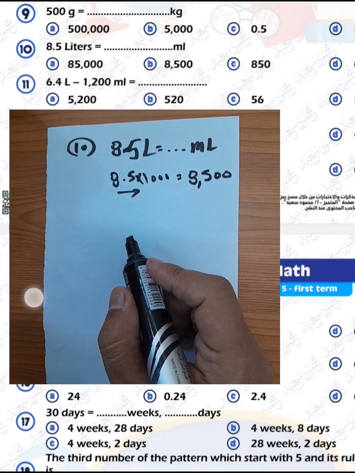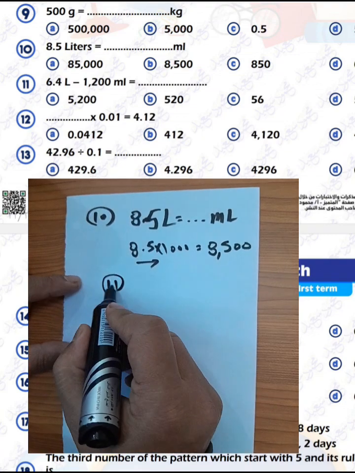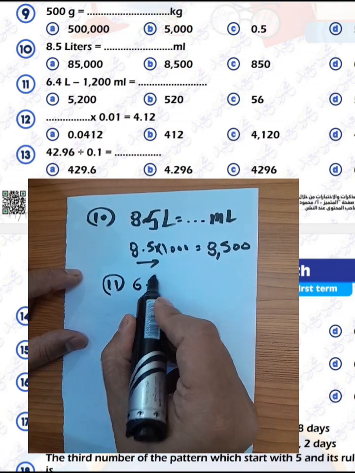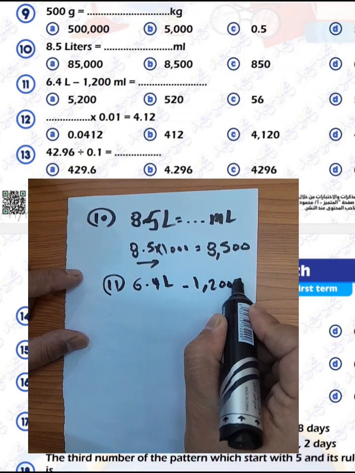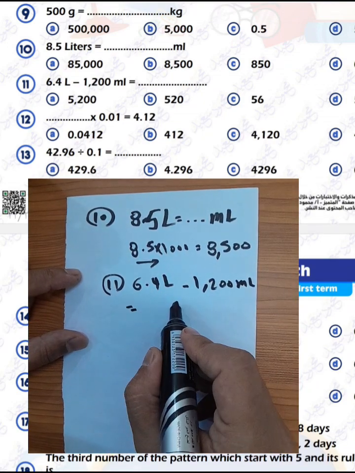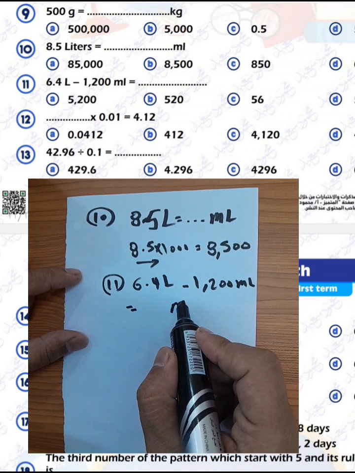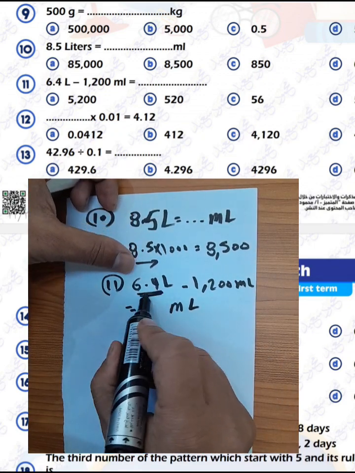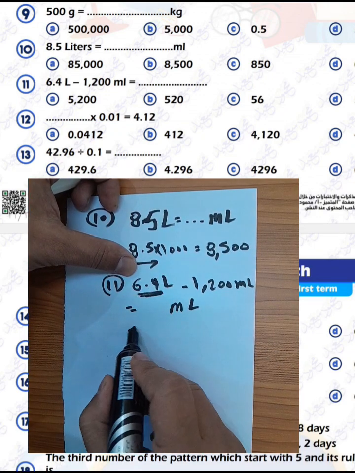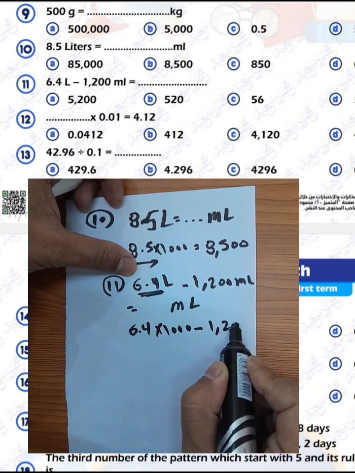Question 11. 6.4 liters subtract 1200 milliliter equals blank milliliter. Okay, we can find the difference between them by converting from liter to milliliter, multiplying by 1000 here. 6.4 times 1000 subtract 1200.